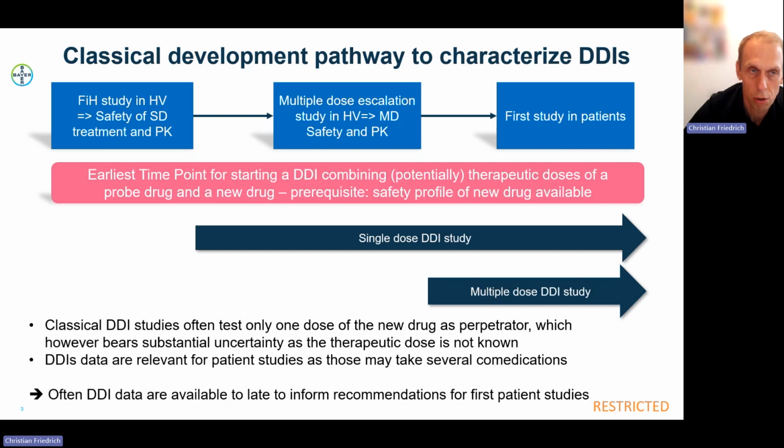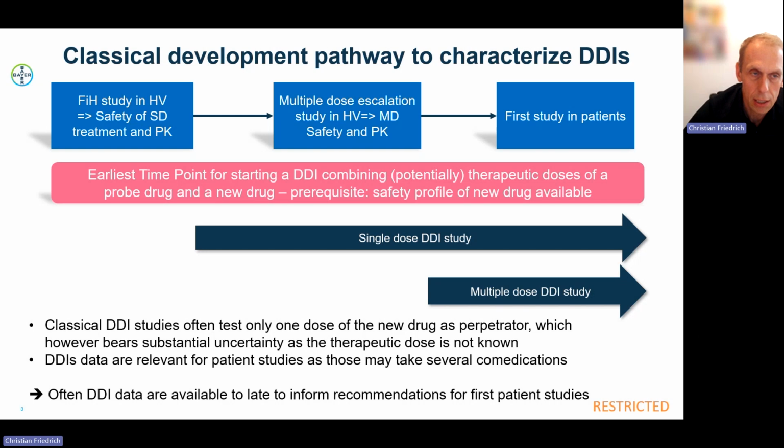If we need a multiple-dose DDI study, then the earliest time point is after the multiple-dose escalation study. Now, these are additional studies, and for cost reasons you often only test one dose of your new drug as a perpetrator, which, however, has some substantial uncertainty as the therapeutic dose at that time is not known.